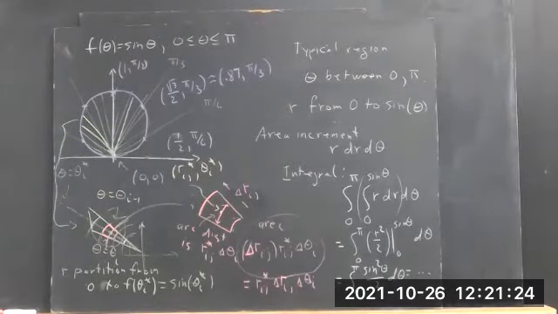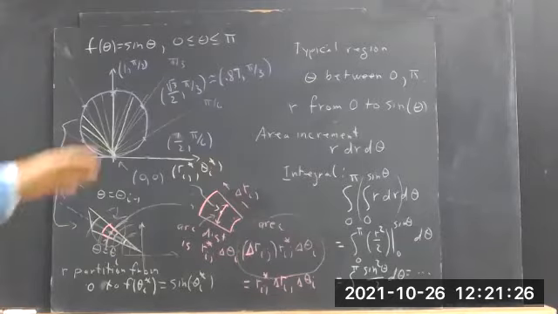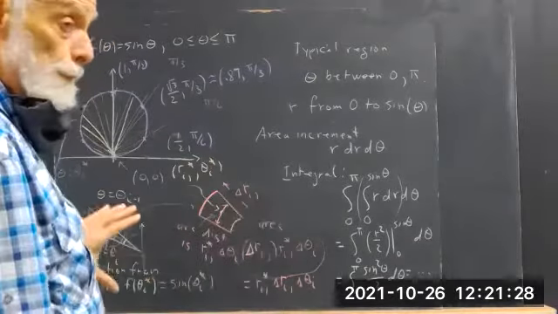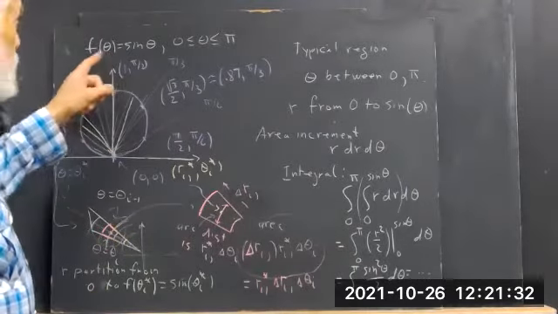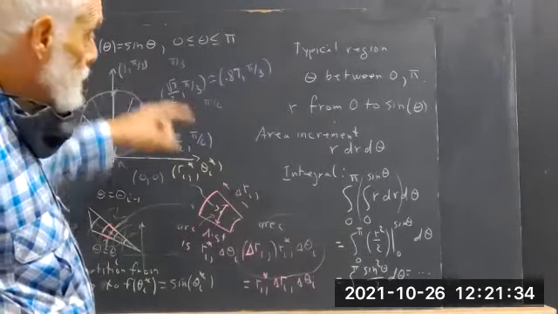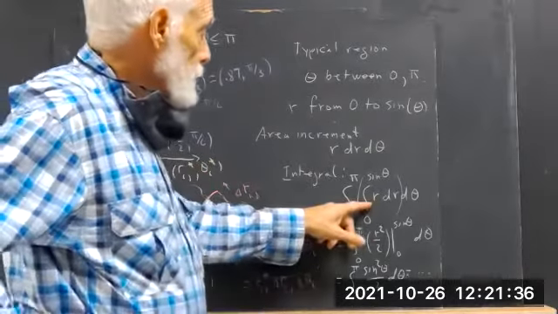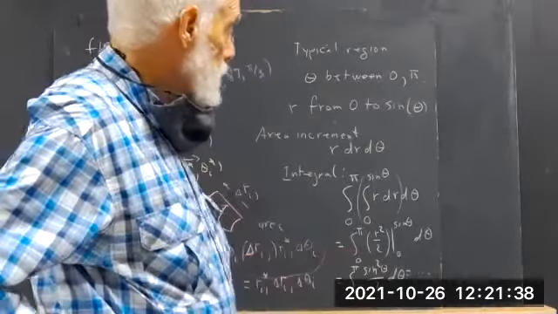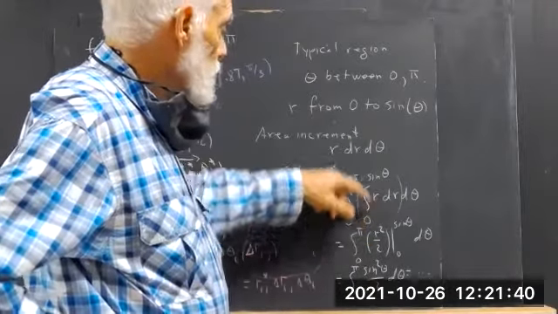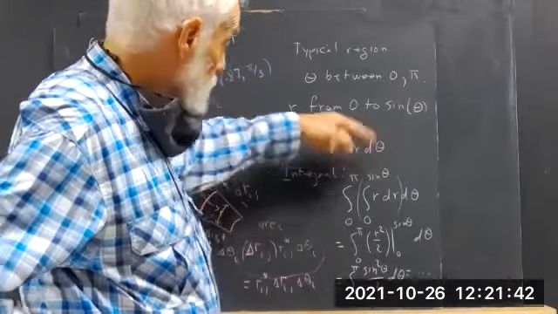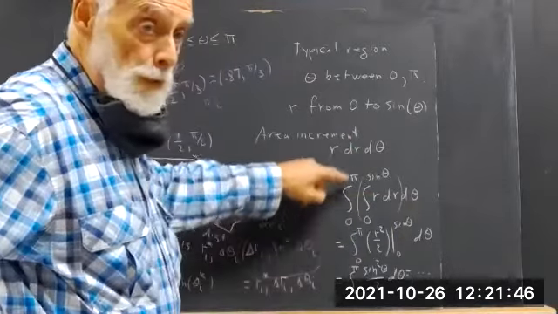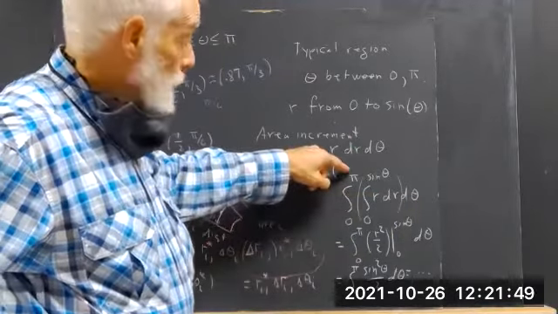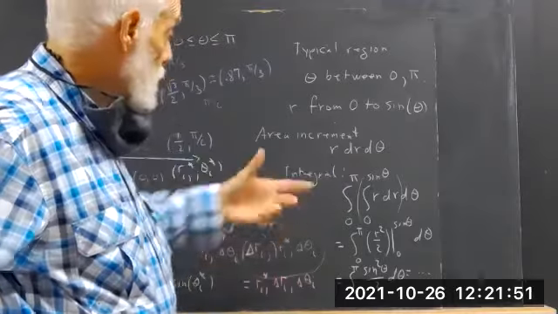Again, the procedure comes down to this stuff here. It really comes down to simply, if you have an f of theta, you've got to integrate r dr d theta, where r goes from 0 to whatever that f of theta is, in this case sine theta, and then theta is going to go from whatever lower limit to whatever upper limit you might put on it.